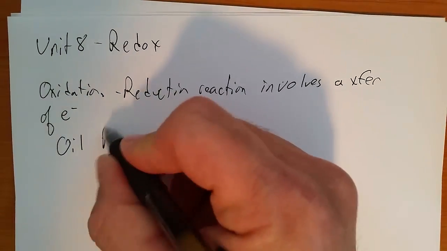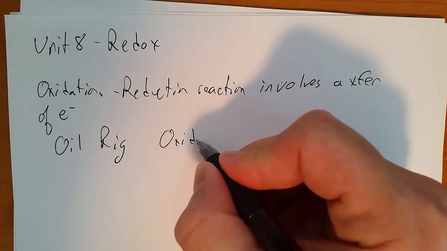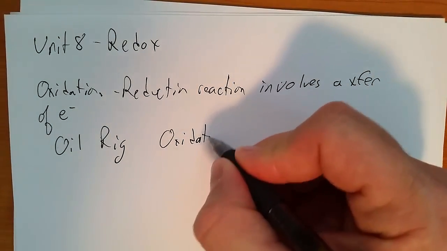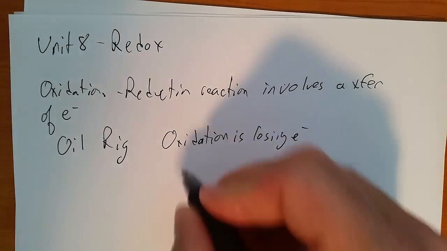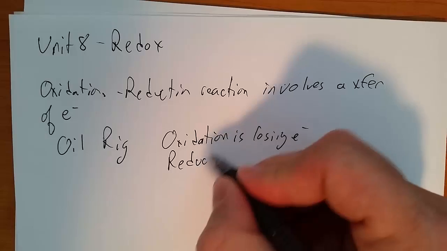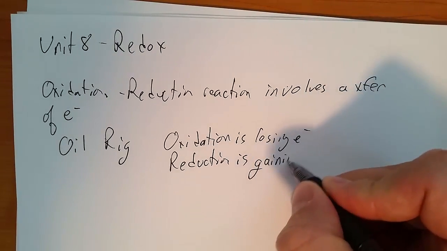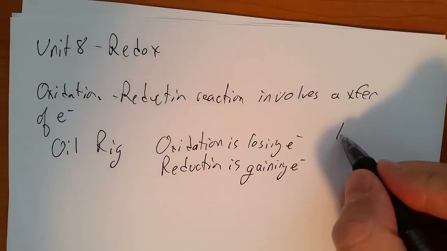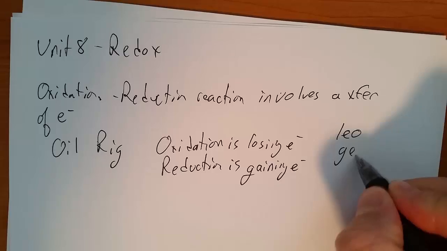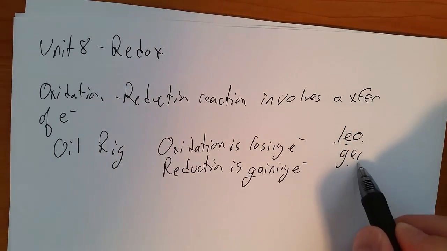OIL RIG: oxidation is losing electrons, reduction is gaining electrons. Some people use LEO says GER: losing electrons oxidation, gaining electrons reduction.